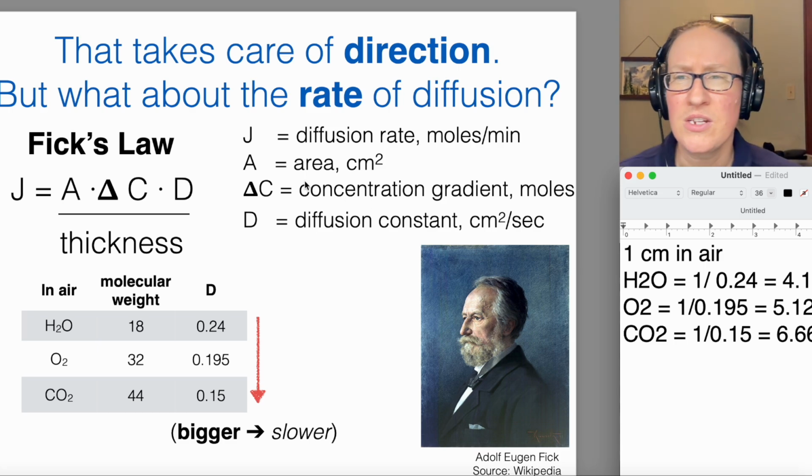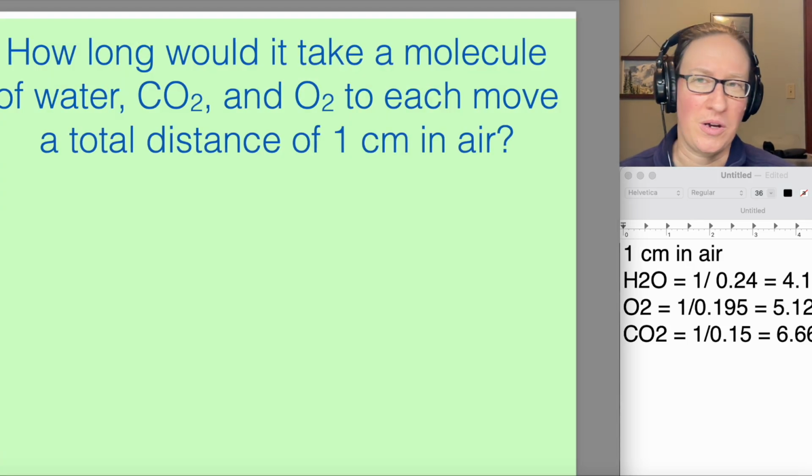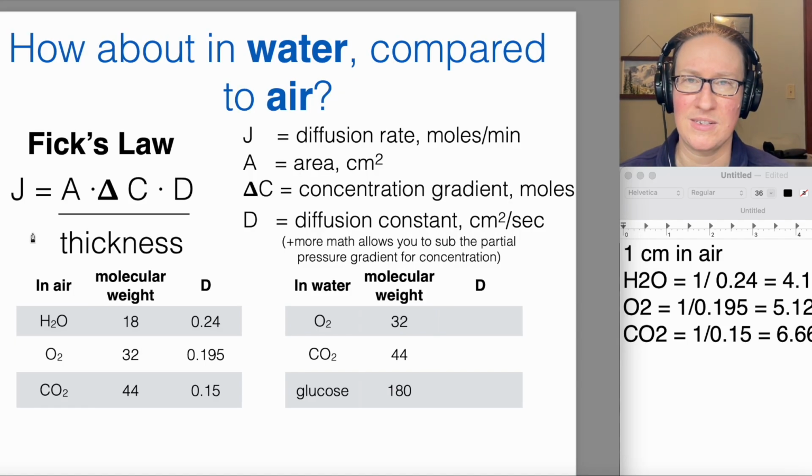All right, so just have these numbers in mind as we continue through here. This is one molecule of water, carbon dioxide, or oxygen just moving 1 centimeter in air. Okay, so it's going to take 4 to 6 seconds for these substances to move that kind of distance.